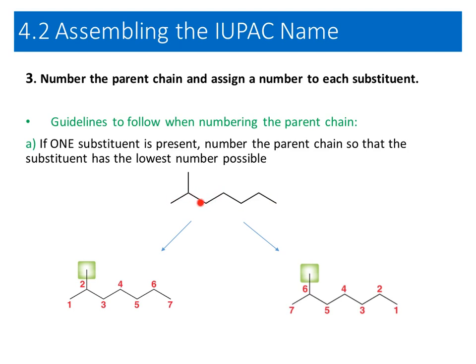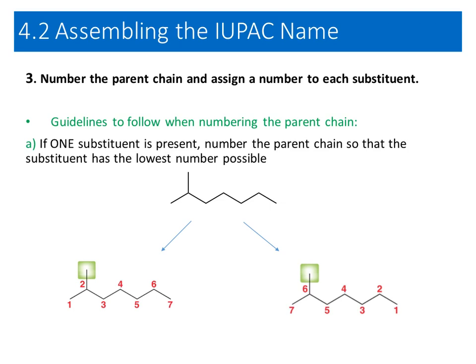This chain is the longest chain, so it's going to be my parent chain, and this is the only substituent attached to the parent chain. So I have 2 ways to number the parent chain. I can number it from left to right in this order, or from right to left, which gives me this order.